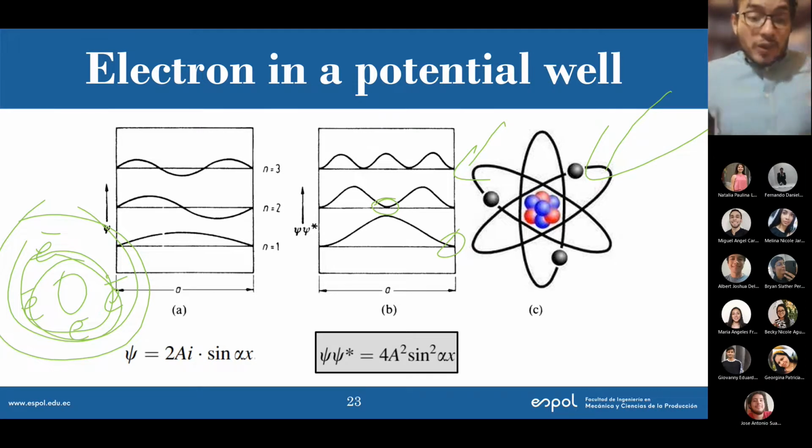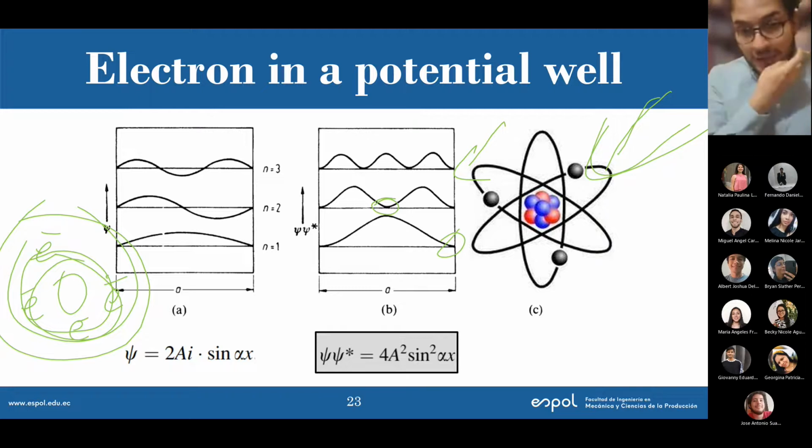And that's how they said, okay, wait, actually there are certain energy levels, and electrons will be moving on those energy levels in certain spots. And that's why this complex shape of an atom appeared. This is called the Rutherford model.